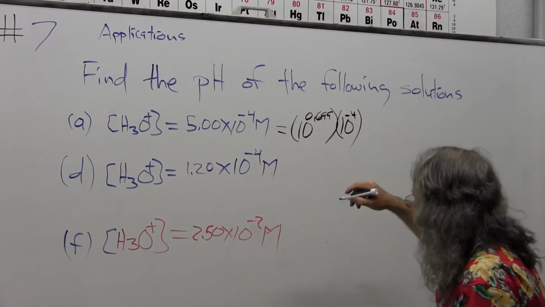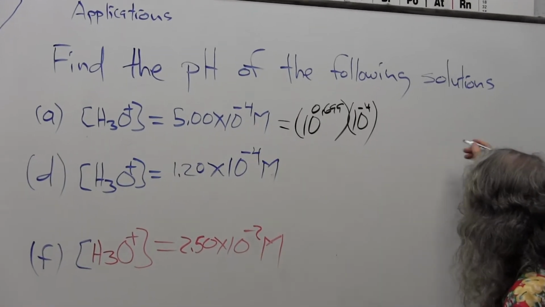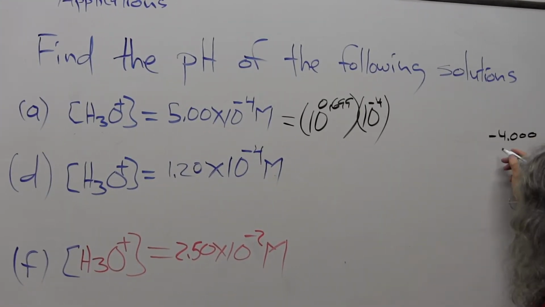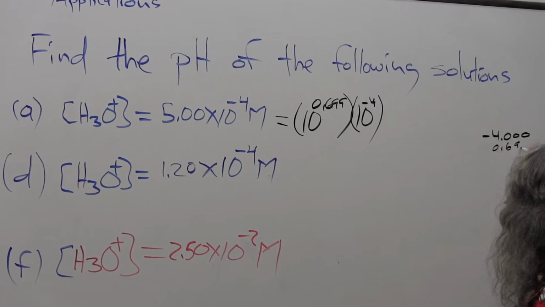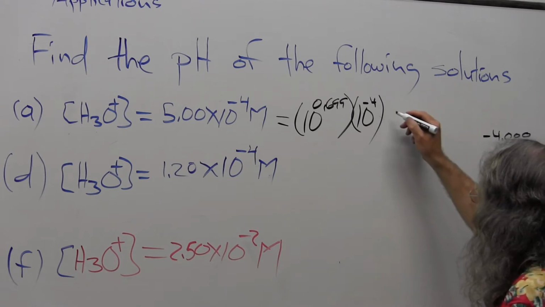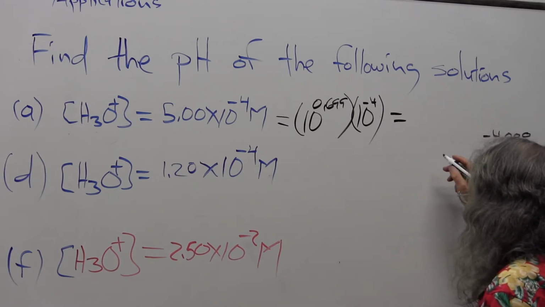And so now all I have to do is get my scratch paper out: minus 4.000 plus 0.699. That's a 1. That's a 0. And this is a 3.